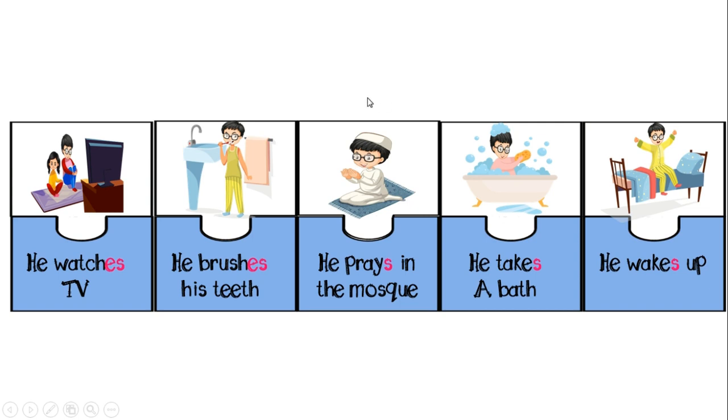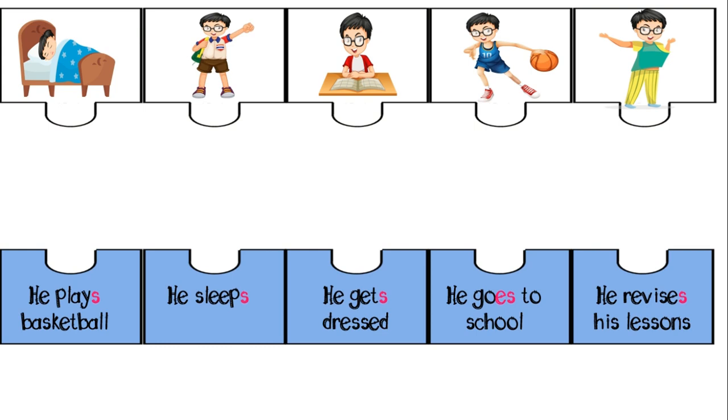Let's move to other activities. Good. Here we've got he plays basketball, he sleeps, he gets dressed, he goes to school, he revises his lessons. Alright, let's start with the first one. He plays basketball. Which one of these is basketball?